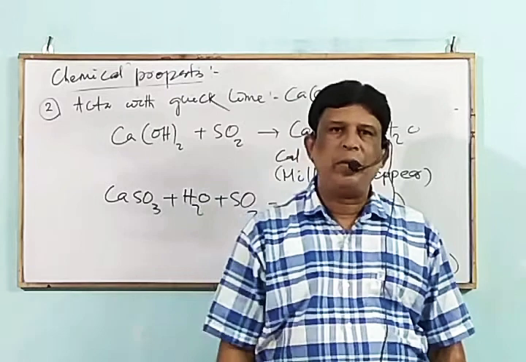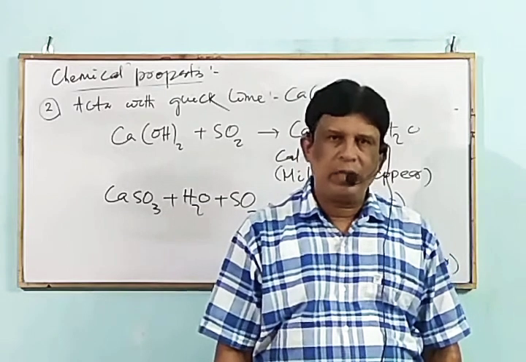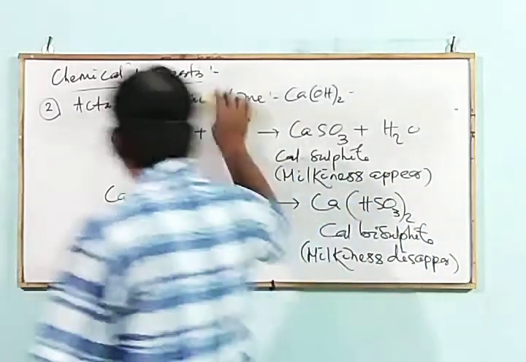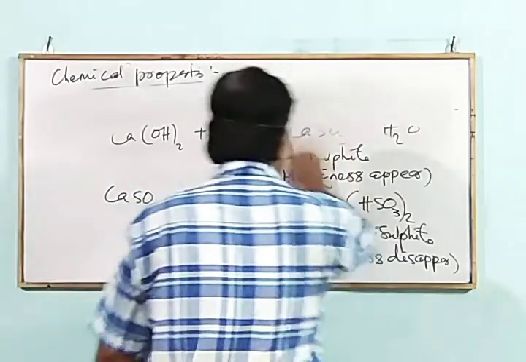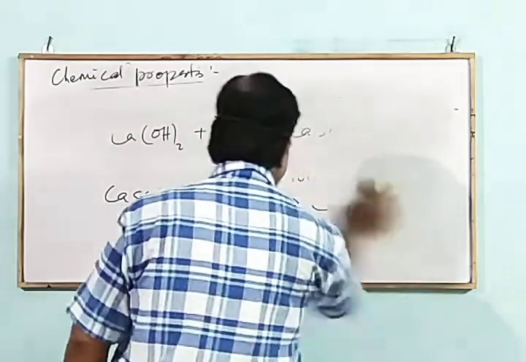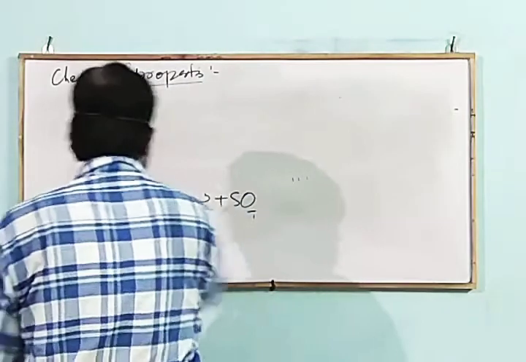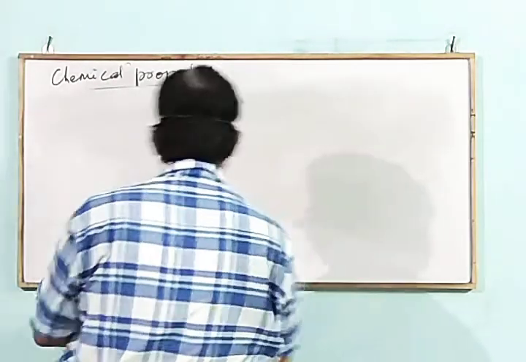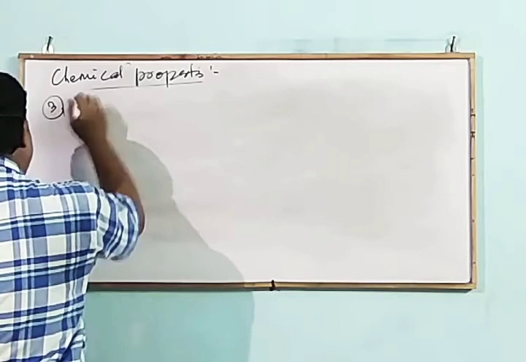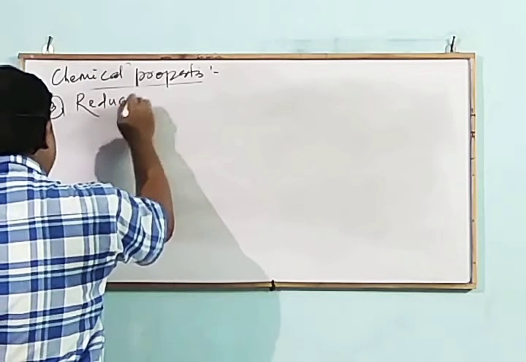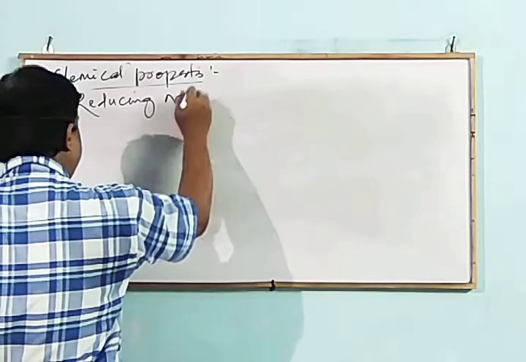Next, move to the third chemical property, that is the reducing nature of sulfur dioxide.